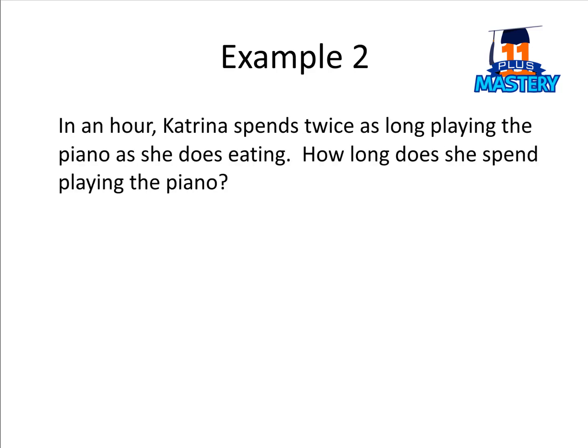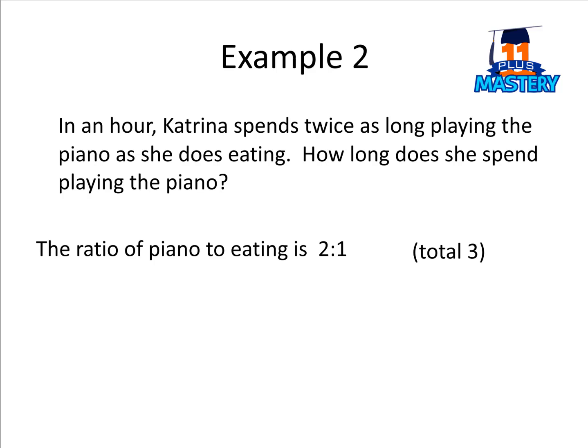Example 2. In an hour, Katrina spends twice as long playing the piano as she does eating. How long does she spend playing the piano? Well, the ratio of piano to eating is 2 to 1, giving a total number of parts of 3. Now I know an hour is 60 minutes, so my total time is 60.